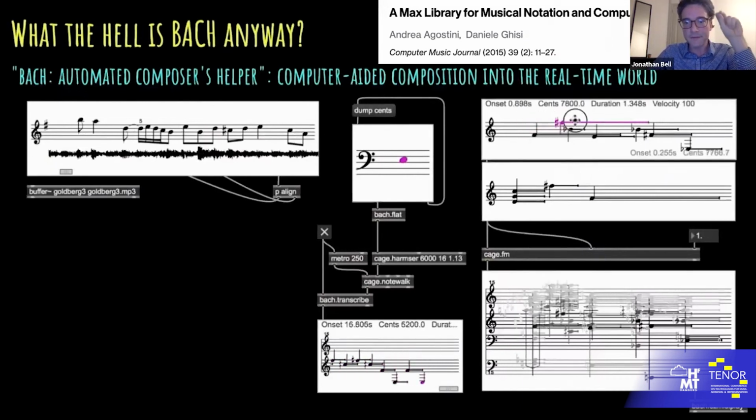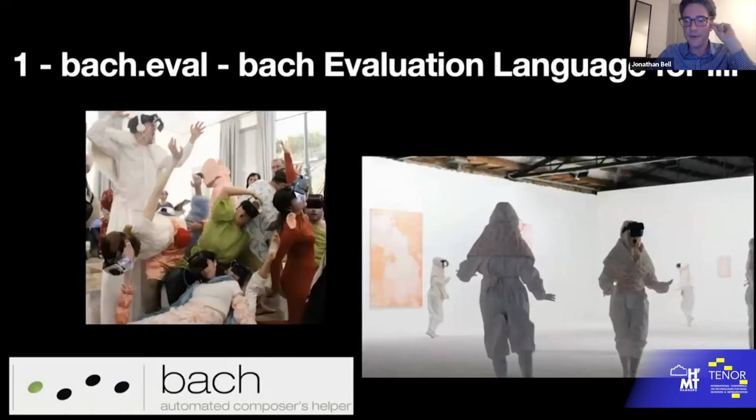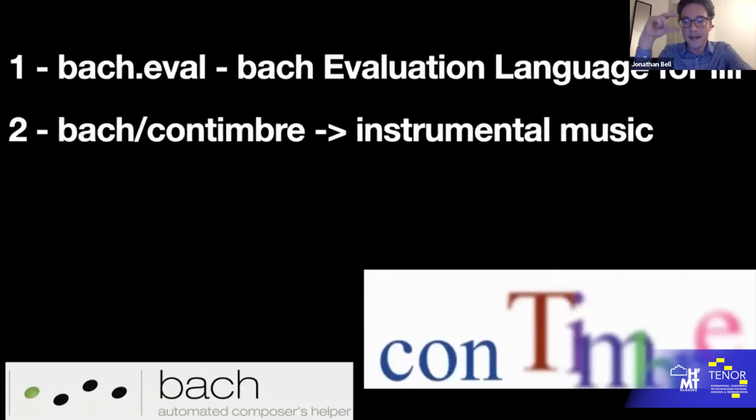And I have two topics here. The first one is about the new bach.eval object and its evaluation language for LLL, followed by a few examples of code and their application to choral music. Then I'll present some linkage with Contimbre, where I might have been influenced by Georg Hajdu and MaxScore's playback support for Contimbre.